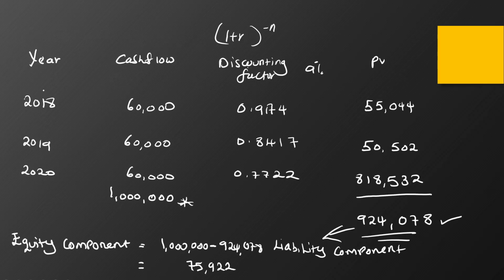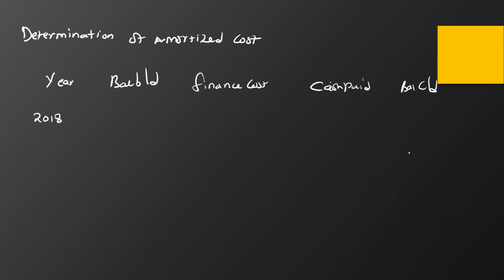So in 2018, the balance will take the liability component, which is 924,078.